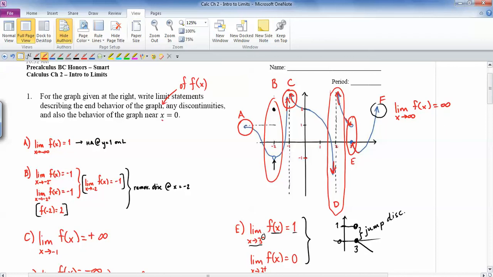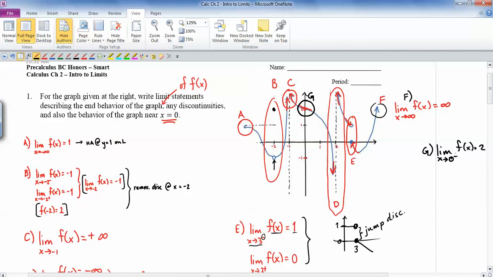Okay, there's one last thing that we have to do. That's look at the behavior of the graph near x equals 0. So that's right here. And notice that everything's connected right there. So we'll call this G. So for G, this one was F. For G, if we come at the function from the left side of 0, we get a value of 2.